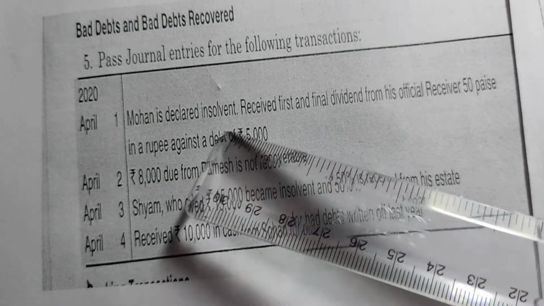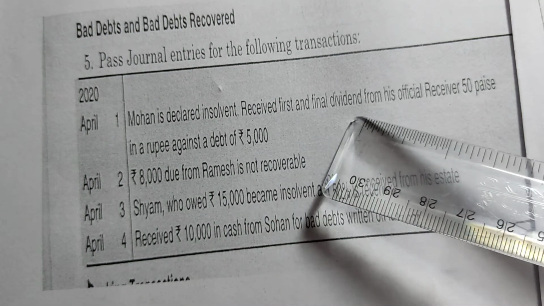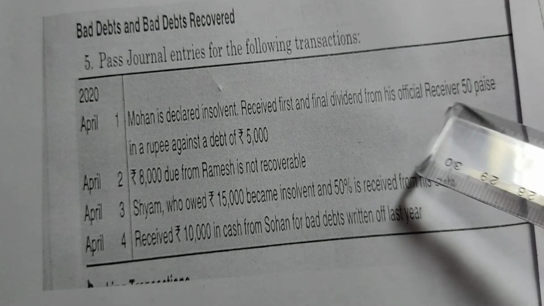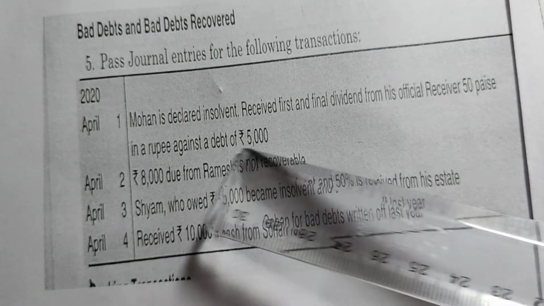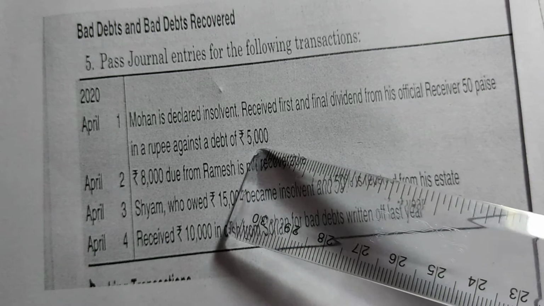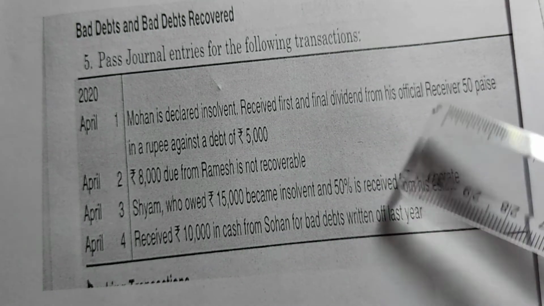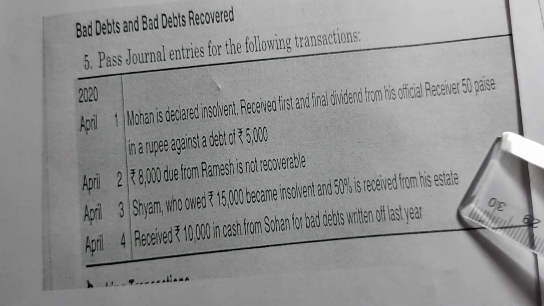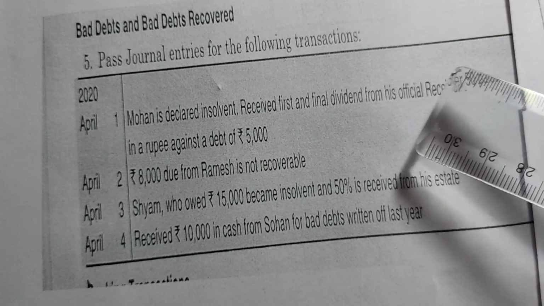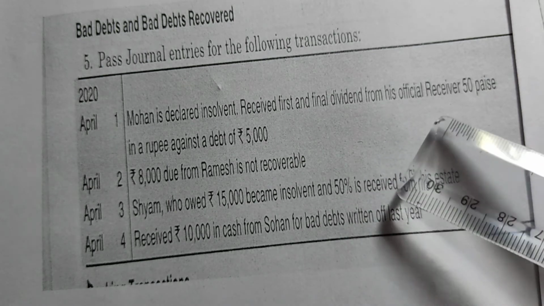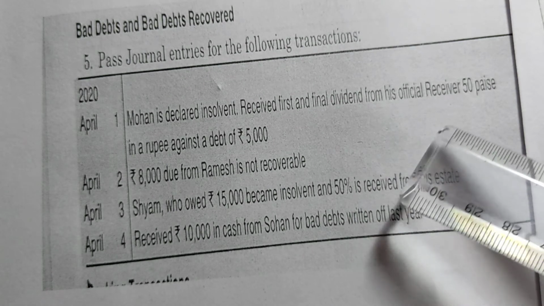Here it is given, received first and final dividend from his official receiver 50 paise in a rupee against rupees 5,000. That means from 1 rupee we are getting 50 paise, and 50 paise we are not receiving. So 50 paise will be considered as cash, and the 50 paise not received will be transferred to bad debt.